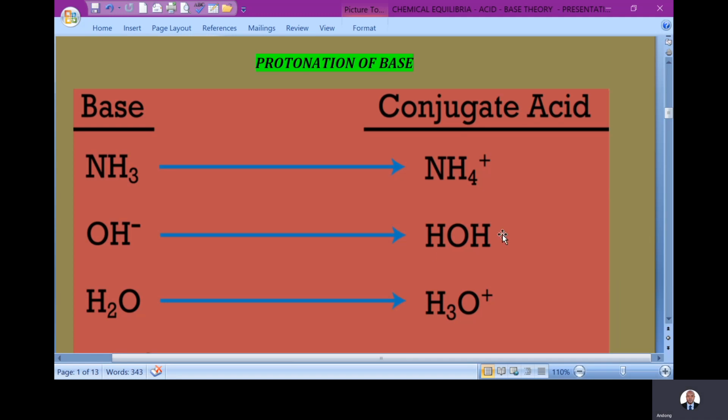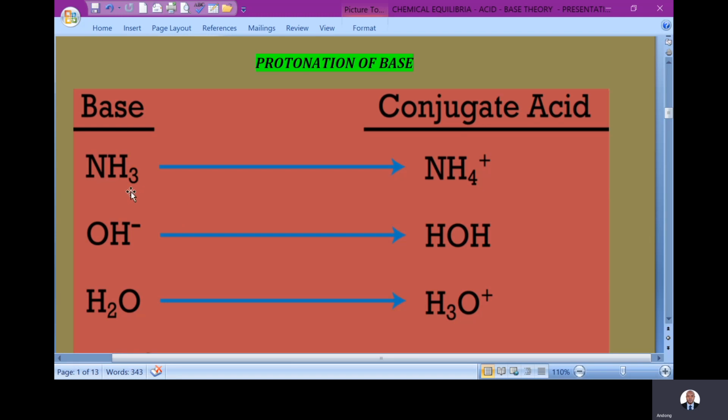In other words, if you are given a base and you are asked to look for the conjugate acid, since we said a base must have a conjugate acid, and an acid must have a conjugate base.